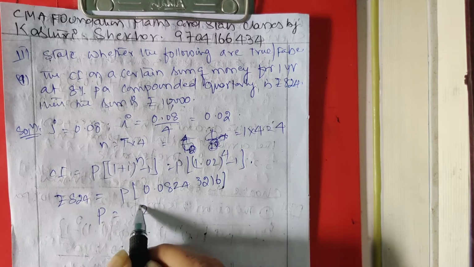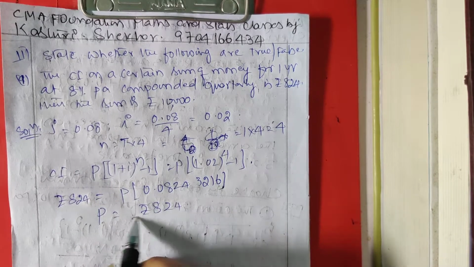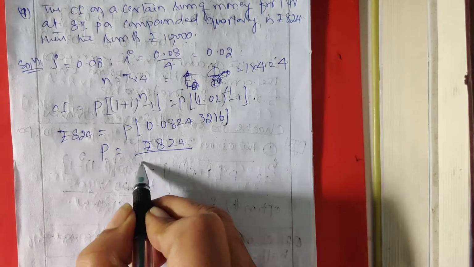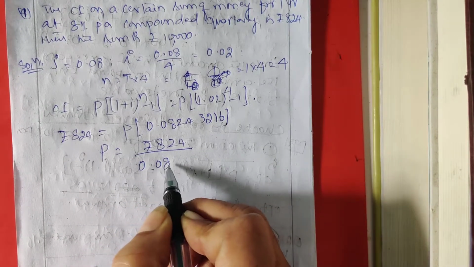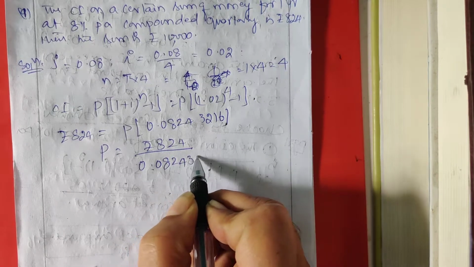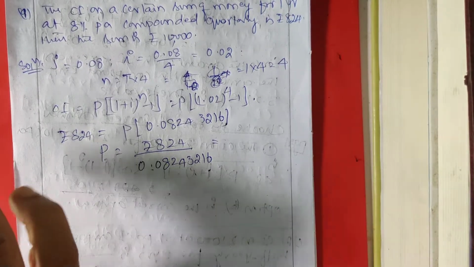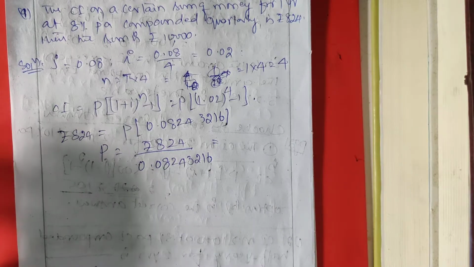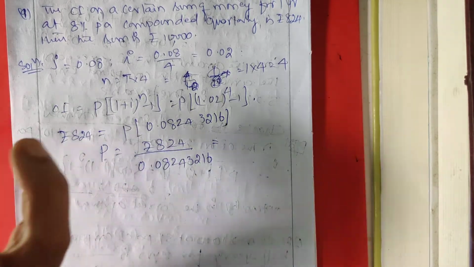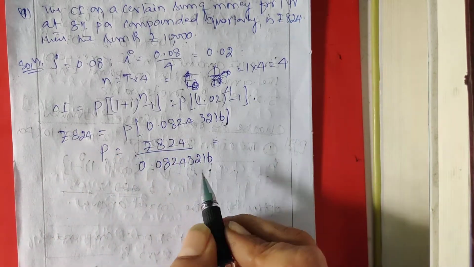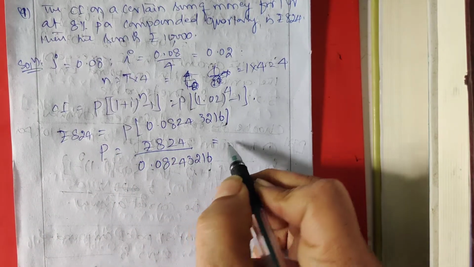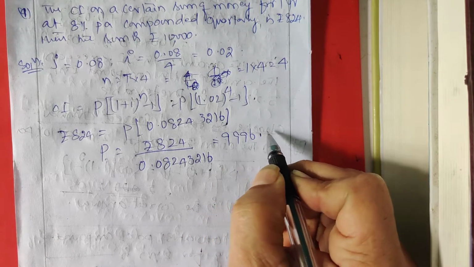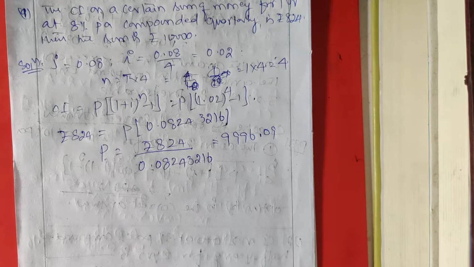So principal is equal to rupees 824 divided by 0.08243216, which is 9,996.09. So it is given as 10,000.